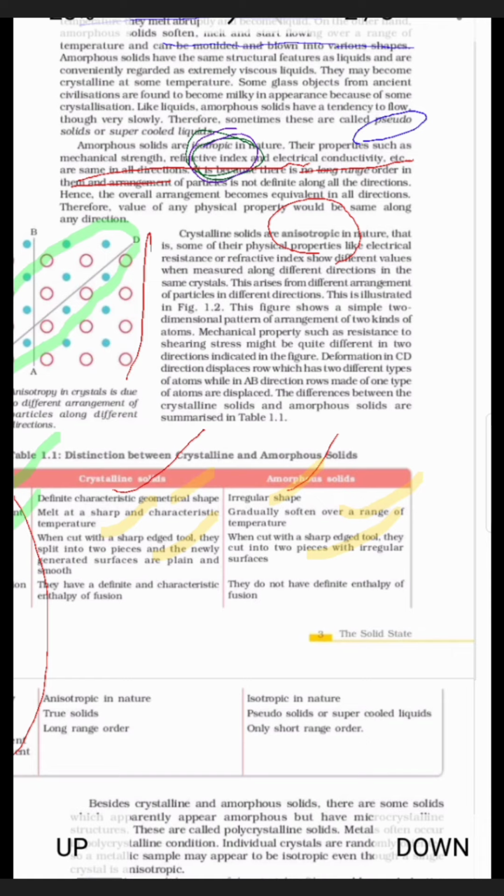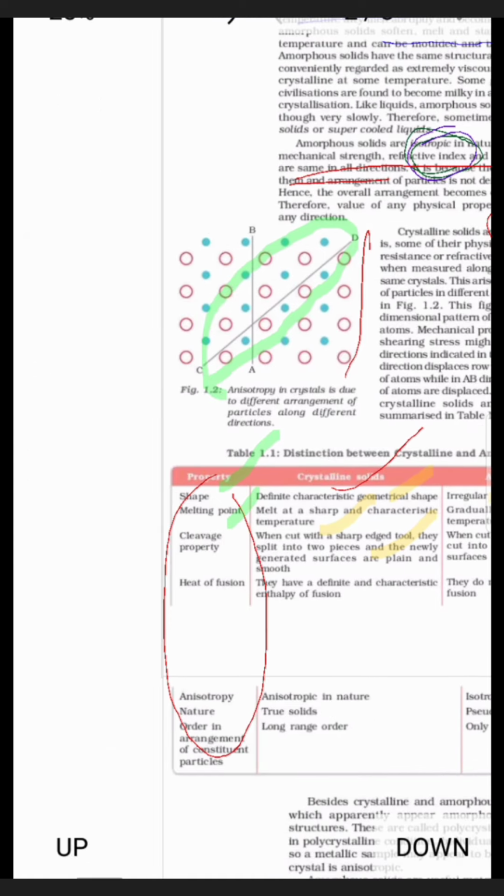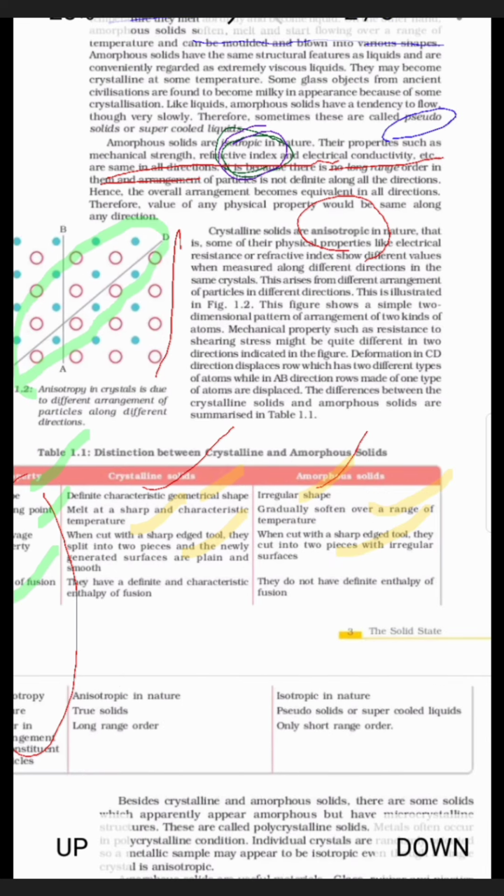And then the next property is heat diffusion. Heat diffusion means they have a definite and characteristic enthalpy of fusion. Fusion means changing from one state to another state. So the characteristic temperature will be definite. Okay. And in case of amorphous, they do not have any definite enthalpy.